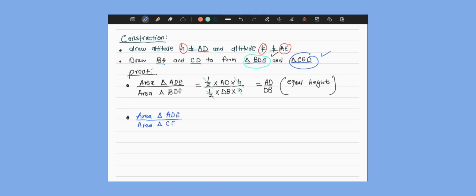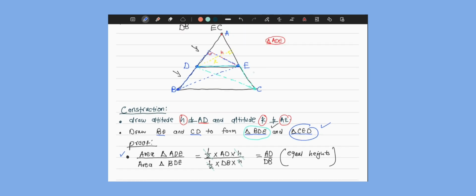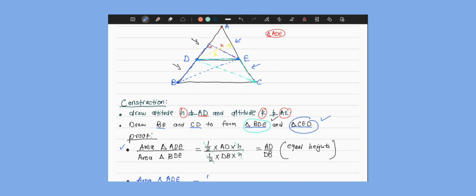I'm writing CED here. So I apply the area of a triangle, and whatever took place in this one is still the same for this ratio of areas. The only difference is the altitude, because now we are using this side, and the altitude for this side is going to be K.